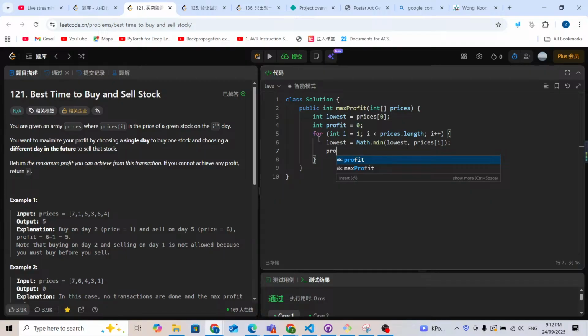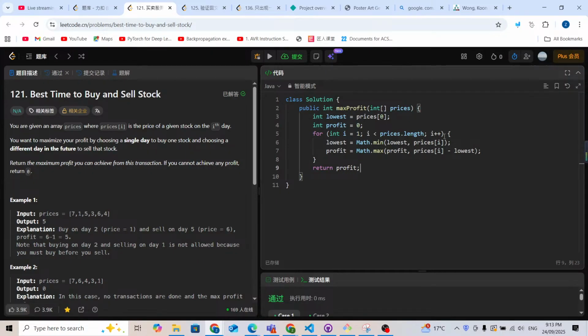The profit equals Math.max of the profit and the current price, prices[i], minus the lowest, because this is the maximum profit at that point. It can be at any point, so that is why we choose the maximum of all the profits. Finally, we just need to return the profit.